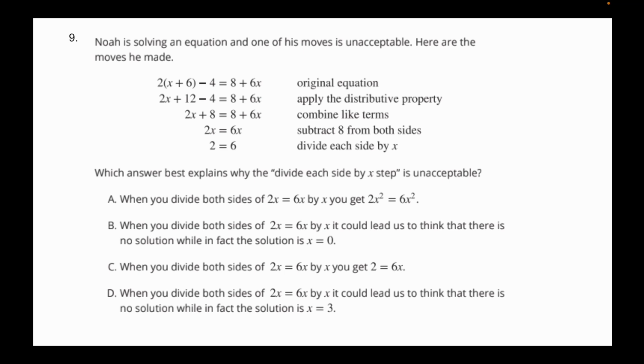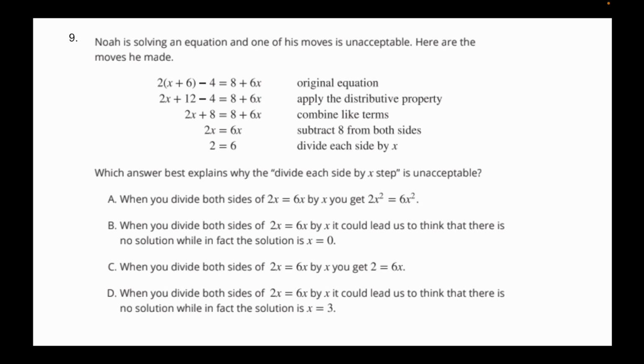And here are the moves he made. So he has the original equation, applies the distributive property, combines like terms, subtracted 8 from both sides, and divides each side by x. Now they're telling us that the divide each side by x step is unacceptable. So they want to know which answer would best explain why we shouldn't divide by x.